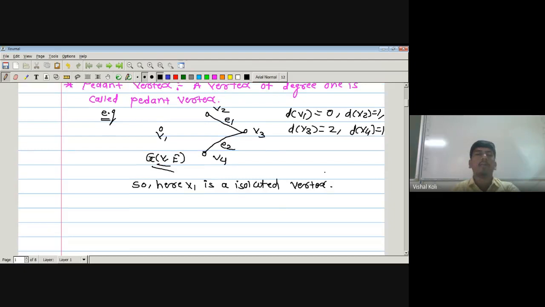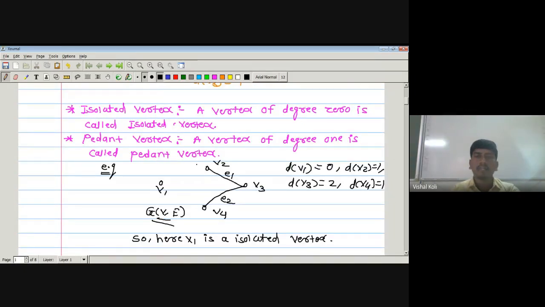Okay. Now, pendant vertex. A vertex of degree 1 is called a pendant vertex. Here there are two vertices V2 and V4 having degree 1, which are pendant vertices.